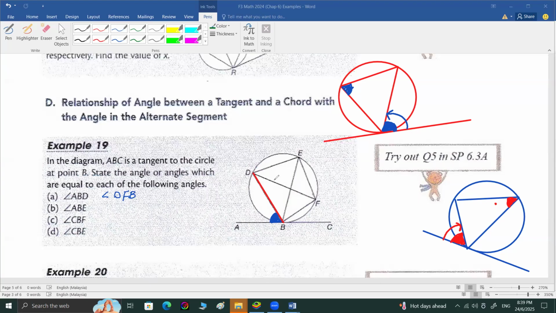Now I delete the DFB. I make it another triangle, because I can see the red line is related to two triangles. See this one? So see this line, then here, opposite. See this line, then opposite, DEB. You can say DEB or you can say BED. It's okay, as long as the E is in the middle.